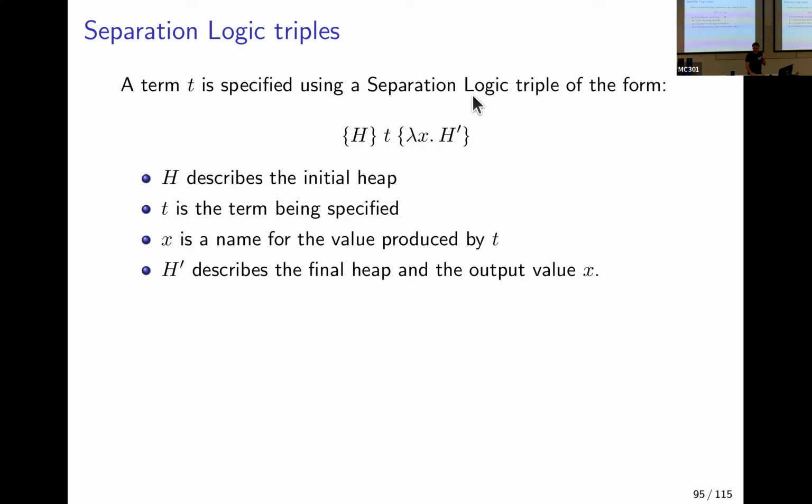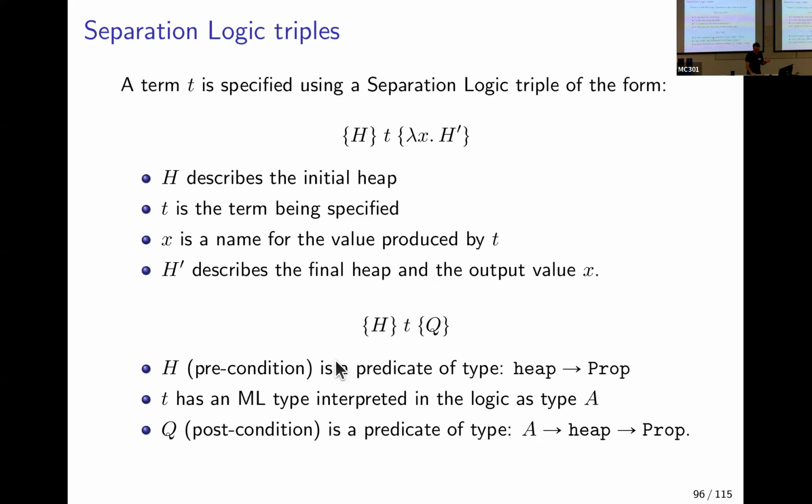H prime is the postcondition, talks about the heap, and you have some value that is returned, that we call lambda X, and H prime can talk about X. You can also have H t Q, where Q is of type A, for some return type A, arrow heap, arrow prop. So you don't need to have this particular form.